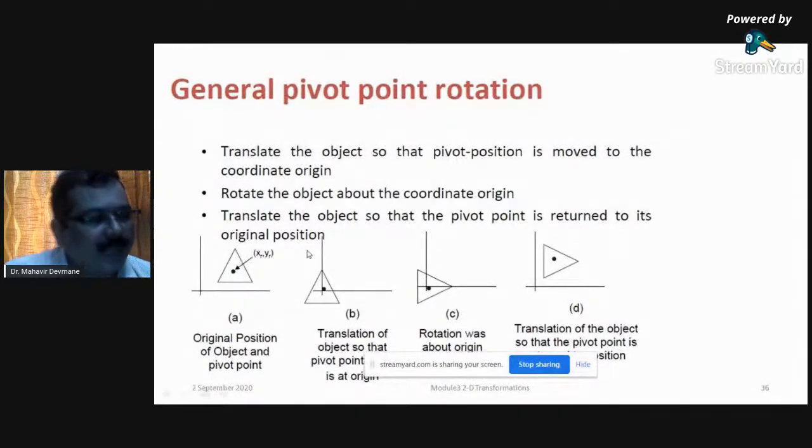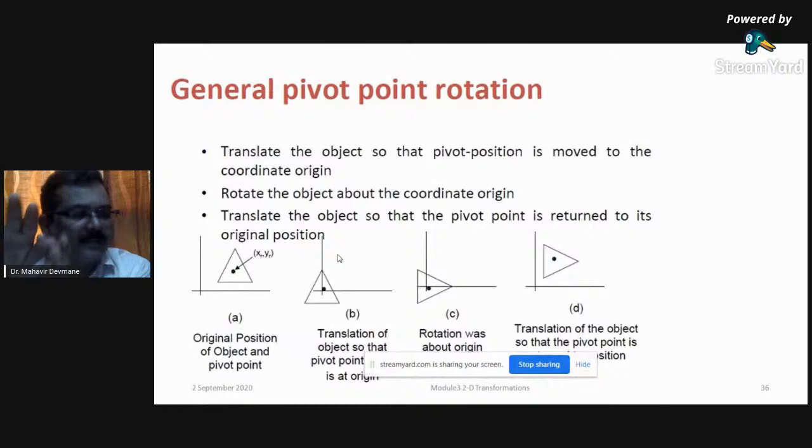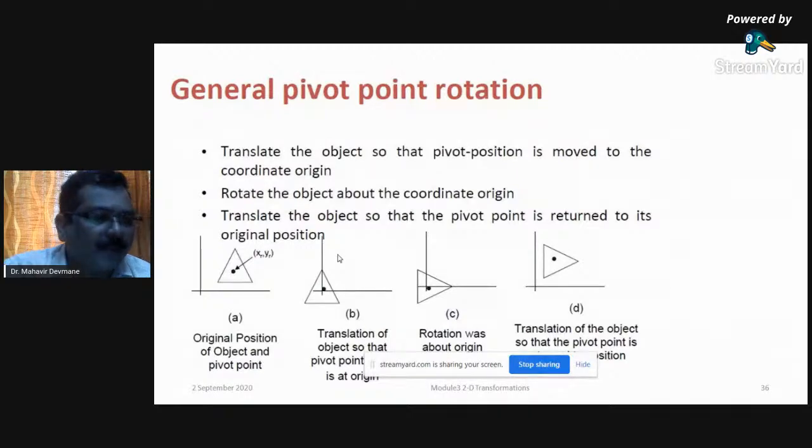After that perform the rotation as per your requirement. Once you complete the rotation, again reverse translate the object by xf comma yf, so that the final image as shown in diagram D will be the object rotated by the given angle, right?